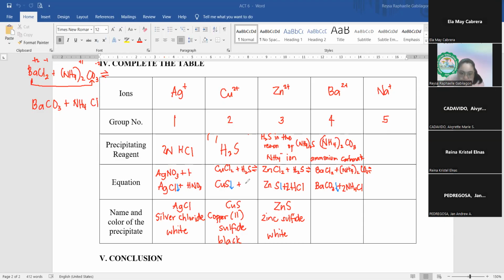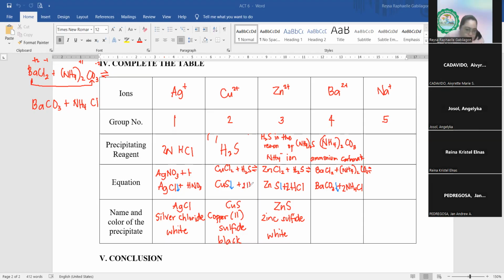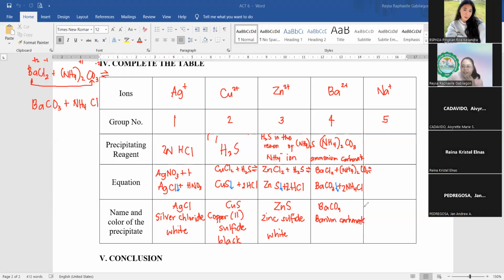And then this is 2HCl. Okay. So this is BaCO3 or we call this barium carbonate. Ang color nito? Yes, Rika? White po, ma'am. Okay, this is color white.